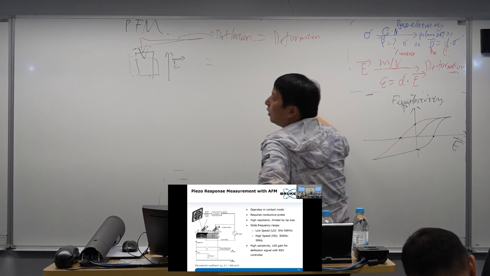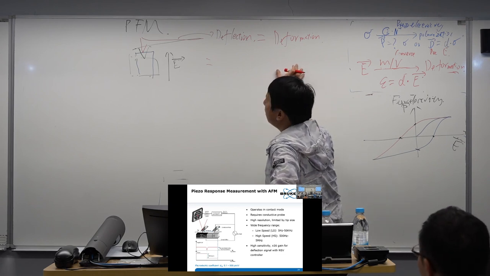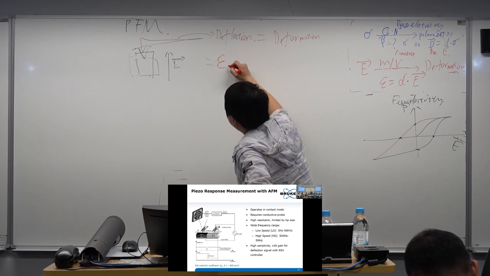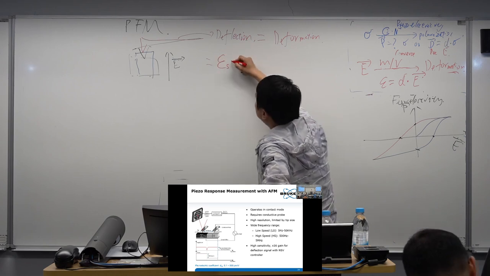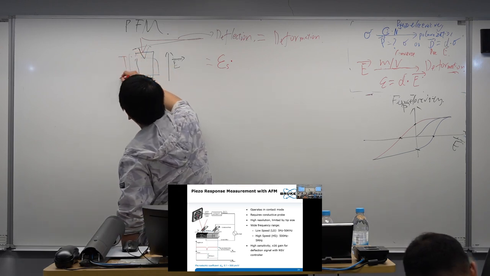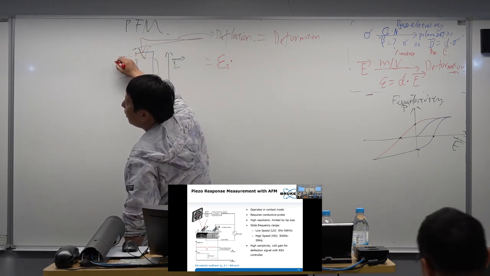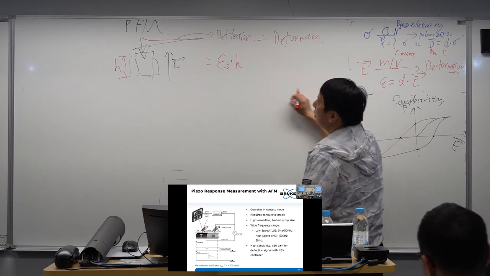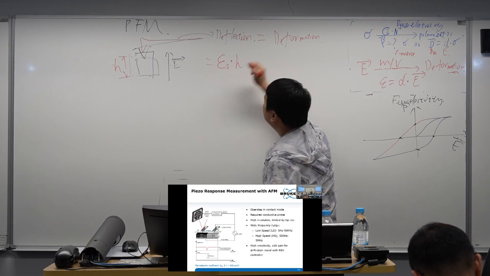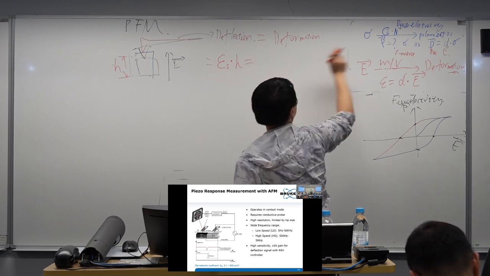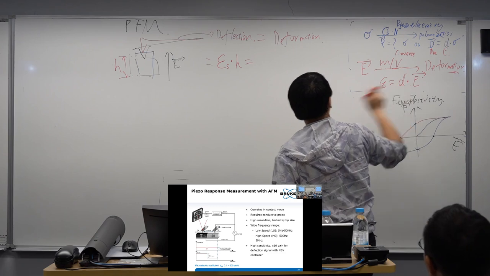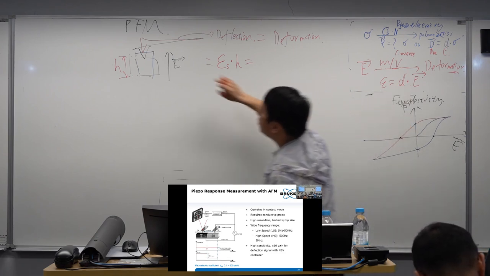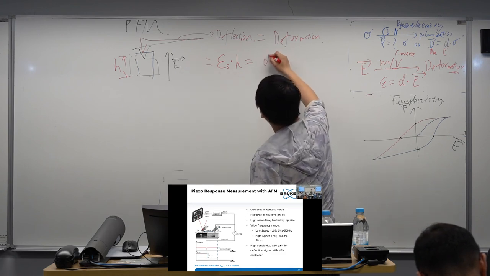And the deformation, by definition, should equal the strain times the thickness of my sample. I define it as height. Right? The strain should equal the piezo effect coefficient times my electric field.